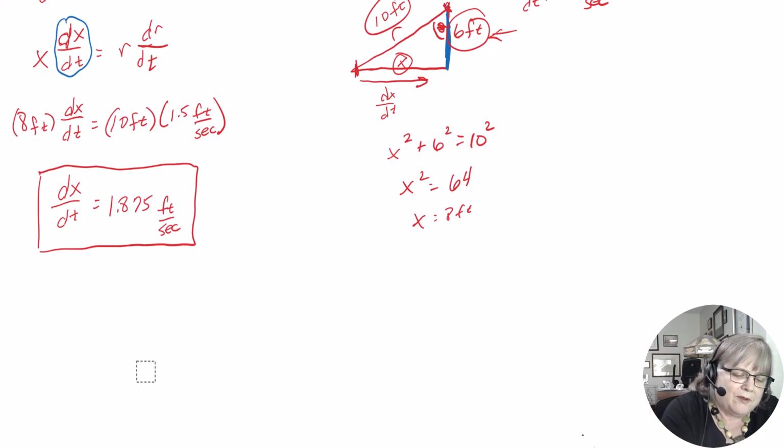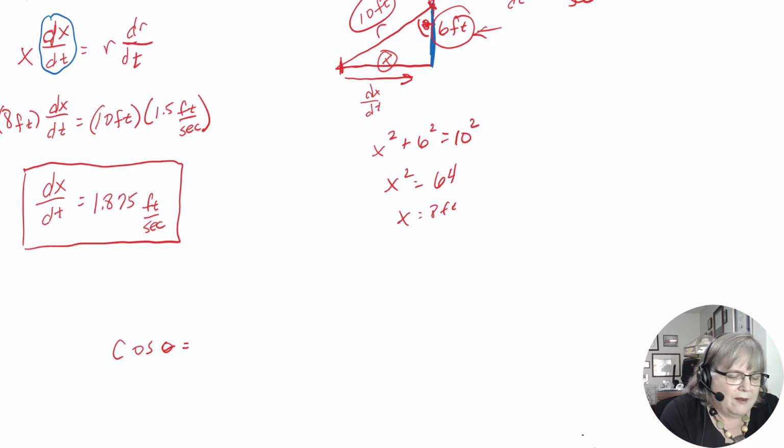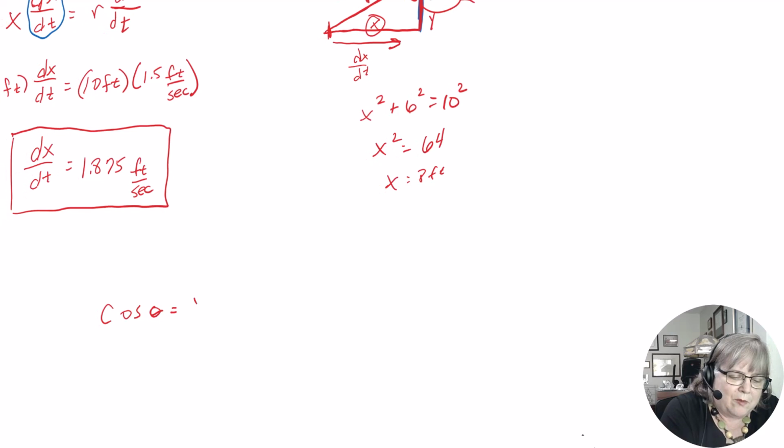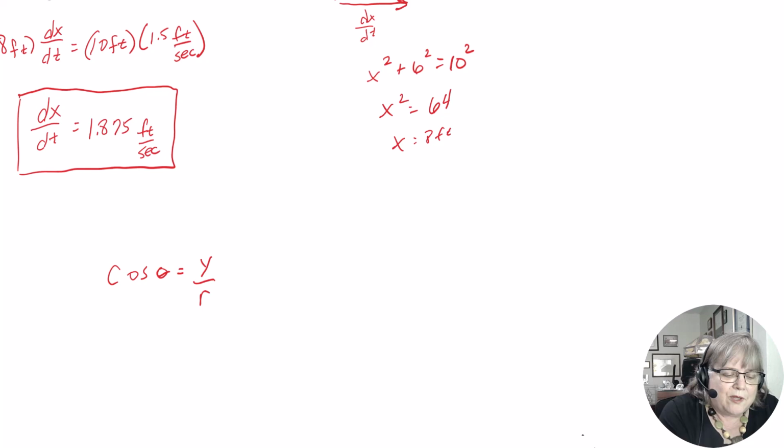And when you take the derivative, let's say you use cosine theta. So cosine theta would be, if theta's up here, this value here, the adjacent side, which is y, over the hypotenuse, which is r. So cosine theta would be y over r, right? And so when you take the derivative of this, then you would have minus sine theta dθ/dt. So I'm just going to save you a little bit of pain.